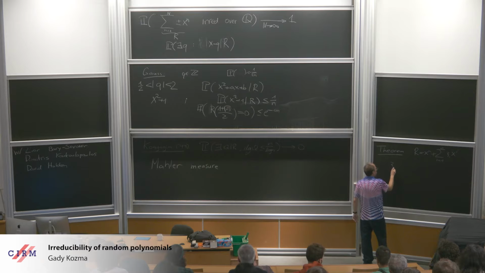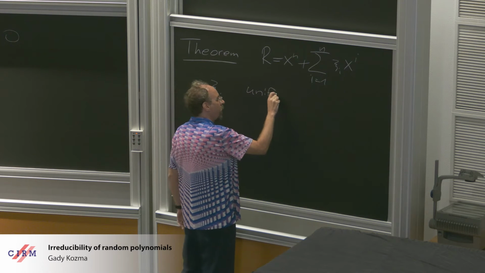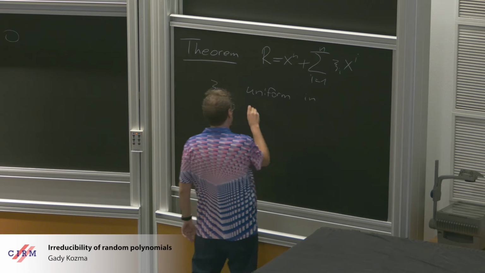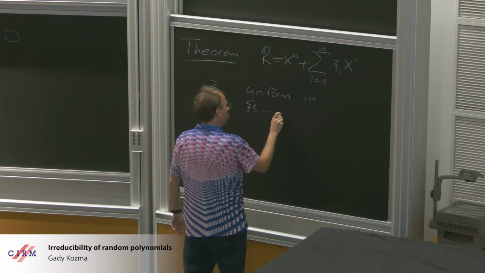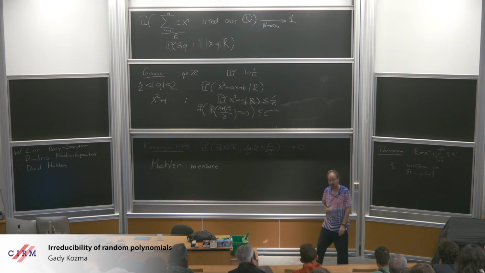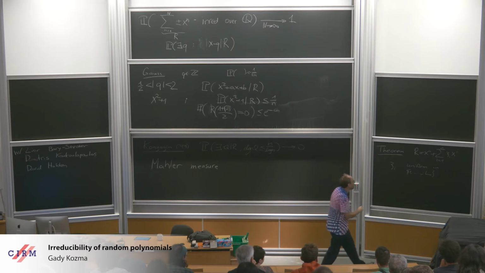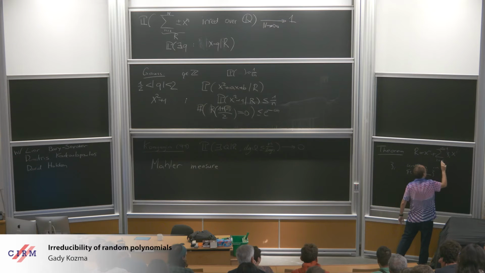And suppose the c_i are uniform in 1 up to L. There will be a condition on L. The sum should go to n minus 1. Yes, of course, thank you. And start from 0.